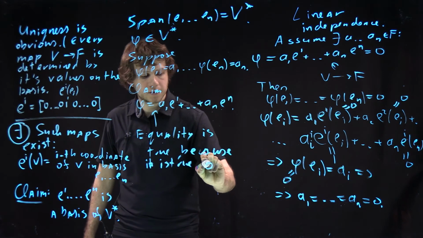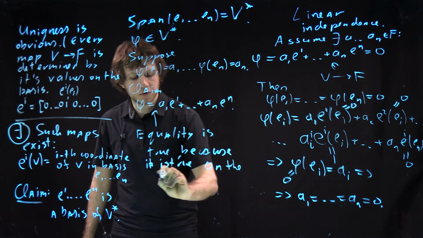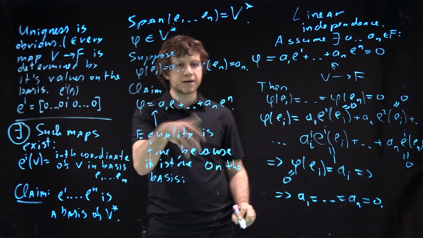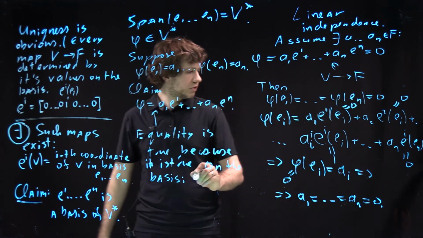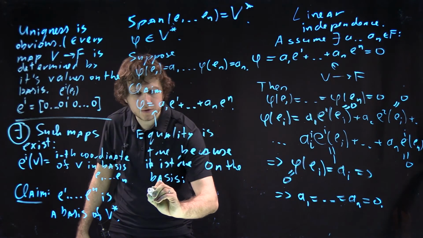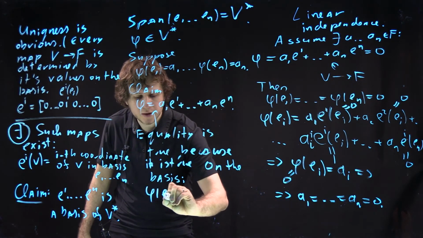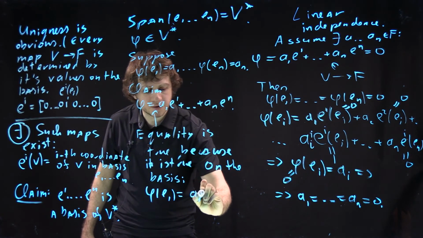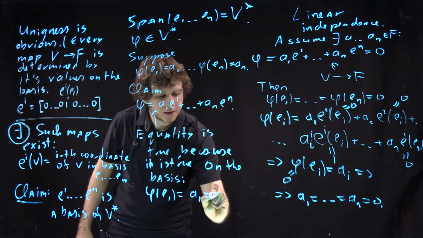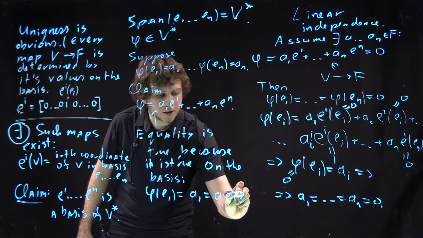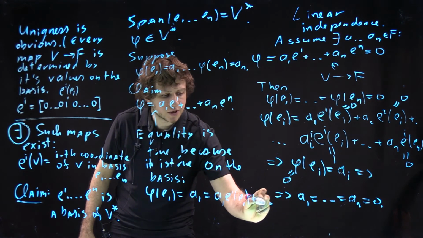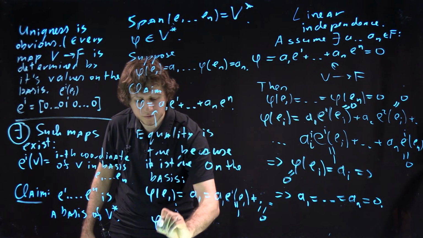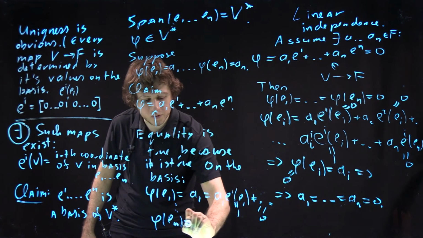on the basis. So if you want to check the fact that two linear maps are equal, you can just plug in all vectors e_1 up to e_n, one after another, and you see that phi of e_1, on one hand it equals a_1, but on the other hand it equals a_1 e^1 of e_1 plus and so on, because everything here is 0, this is 1, so you see this equality, and so on, up to phi of e_n is equal to a_n.